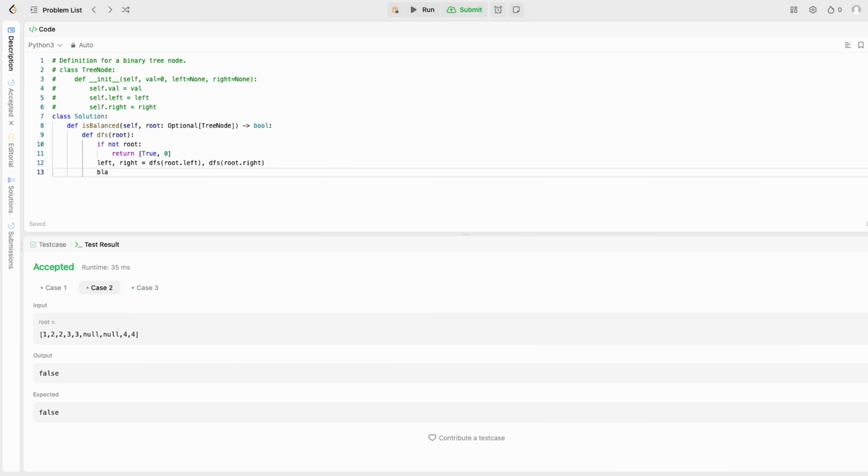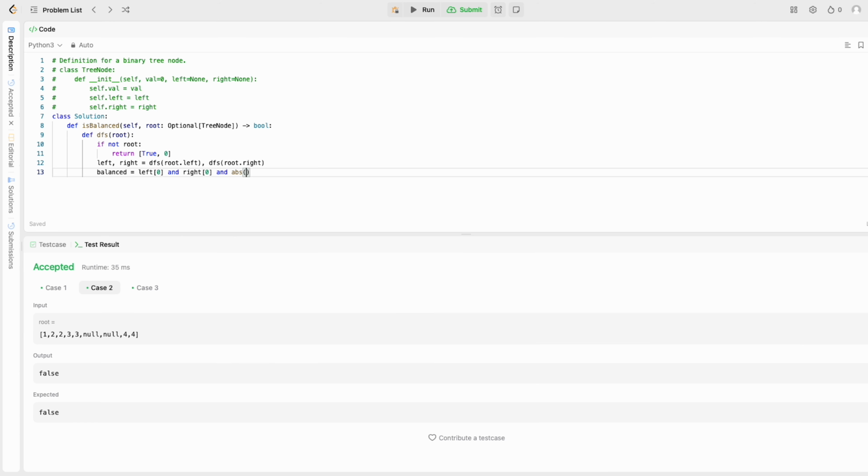And what do we need to do? We need to know if this is balanced. So how do we find this? We find if it's balanced by the left and the right, and this will be at index 0. Why at index 0? Because index 0 will tell us if it is balanced or not with the true and false. And how do we get a false? Let me just write this.